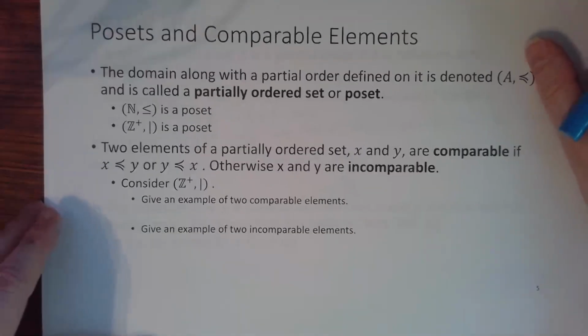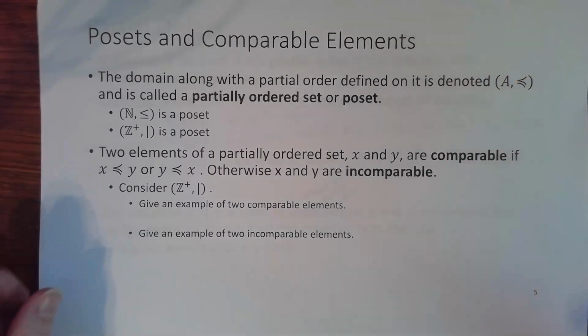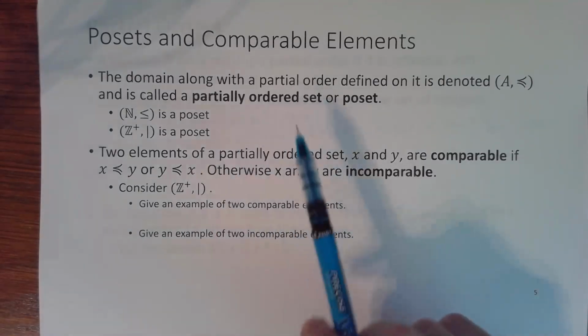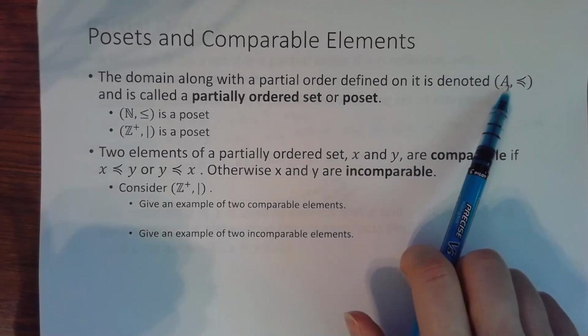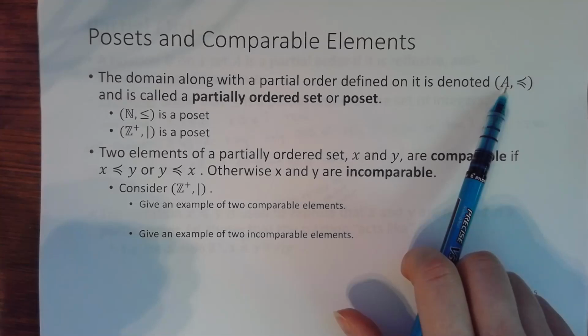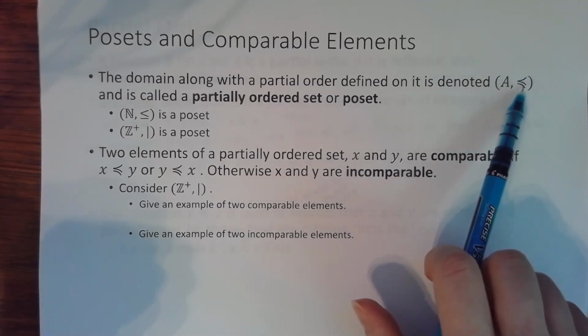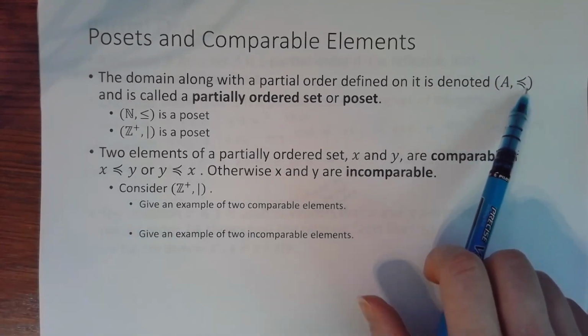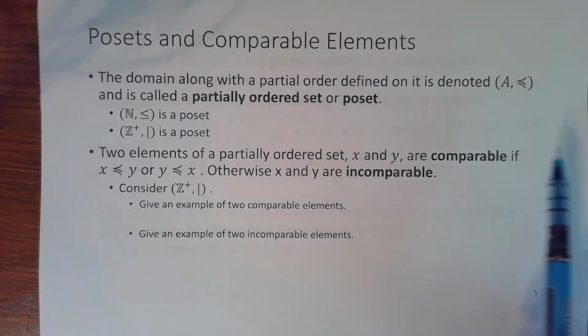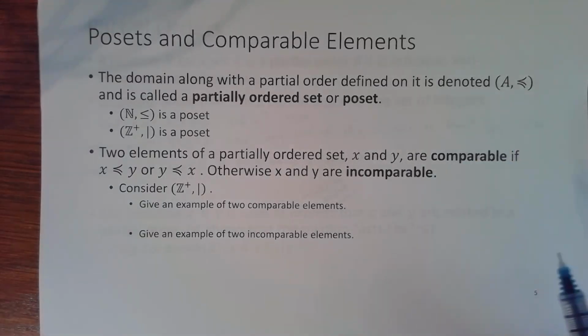Okay. So when we have a partial order, we can take the set A for which the partial order is defined, as well as the operation that is defining the partial order, and those two together are called a partially ordered set, or we abbreviate that as a poset.